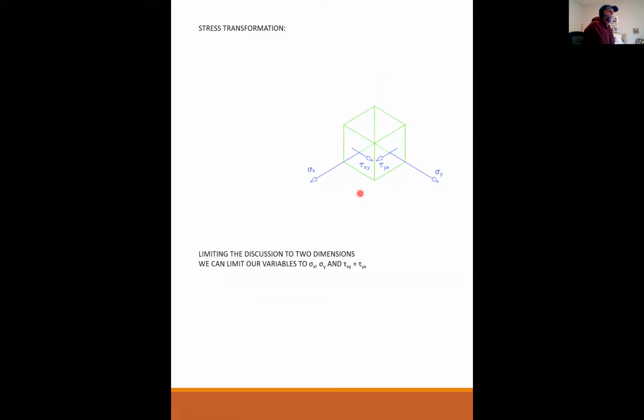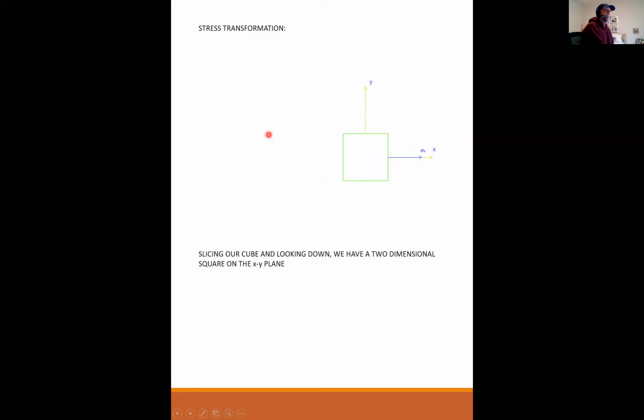So if we limit our discussion to 2 dimensions, I want to look at just planar stress transformation. So what's in a single plane is just going to be the normal in the y, the normal in the x, and tau xy. And again, on the other 2 faces you can't see is the equal and opposite. So if I take this cube and I make a slice right through the middle there, and I look straight down, this is what I see.